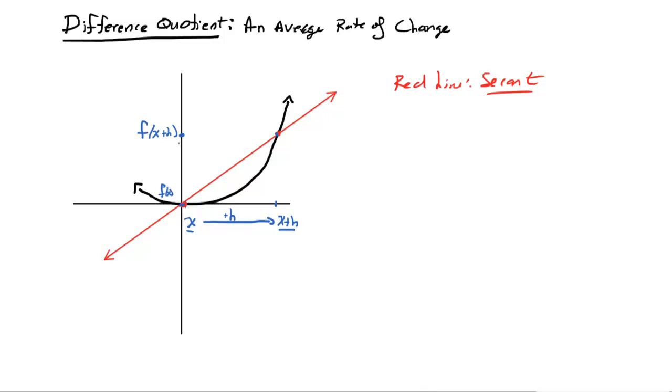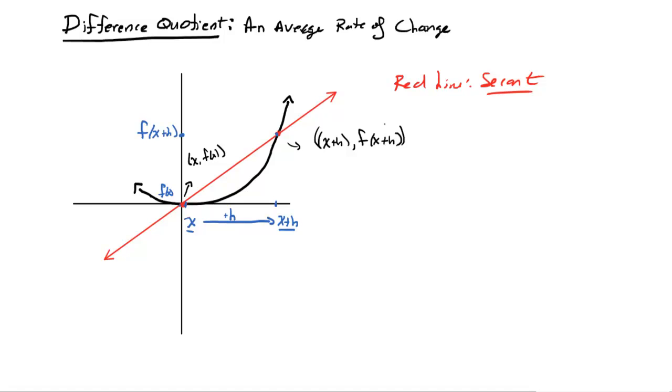So if I were to look at these two points, this point right here is x, comma, f of x. And this point right here is x plus h, comma, f of x plus h. I know that seems a little long for two points, but there are two points.